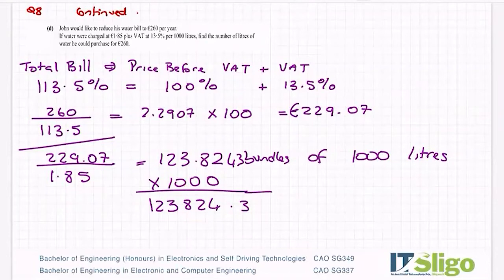So I would say 123.824 litres he could purchase for 260 euros. So that part D of that question is quite difficult. The rest was okay up till then. So that was that question 8, again on paper 2, which was a bit unusual.